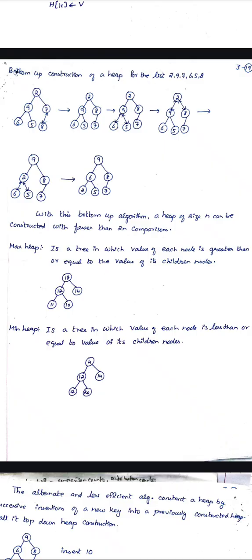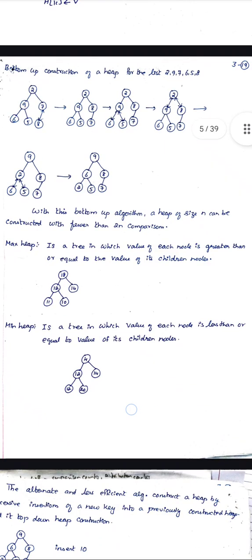We find that the child of 7 is greater than 7, so we swap that first, the last element. Then we proceed in the same manner.